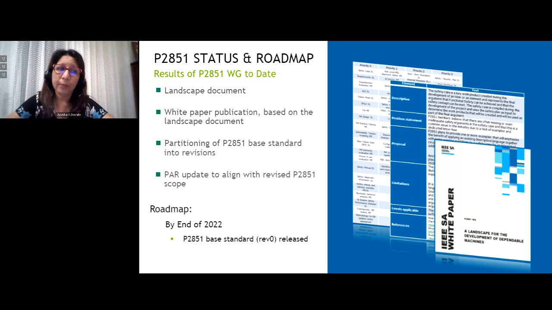Then we published the white paper that was in June last year. We defined the structure of the P2851 family of standards, partitioning into the base standard revisions and the DOT standards. We had to update our scope, so the PAR update aligned with the revised scope of P2851, which covers the dependability umbrella and the role of interoperability within that dependability scope.